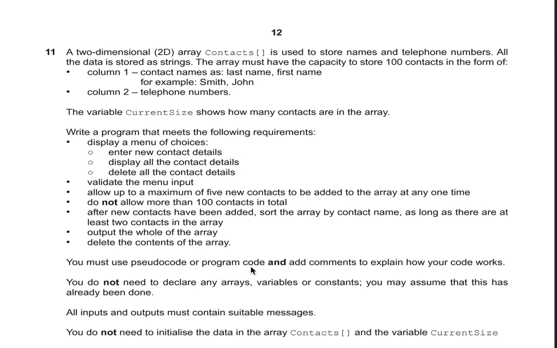And we're going to use program code, Python. And we are actually going to declare everything because it does not make any sense, and it's going to be very difficult to write it if you do not know what your variables actually look like. It's a false assumption to think when they say you don't need to do anything that they make your life easier. In fact, they make it a lot harder.